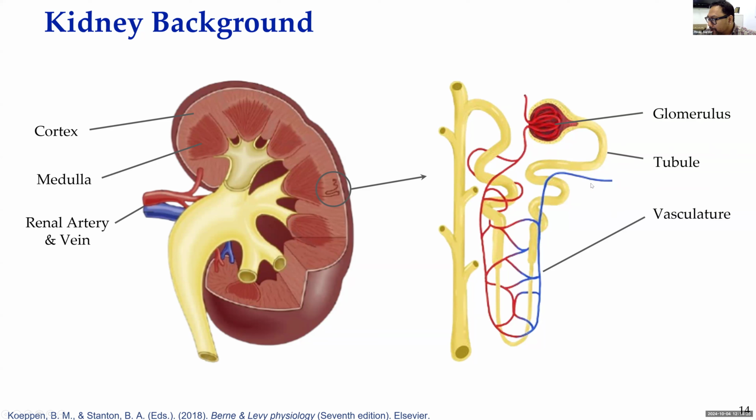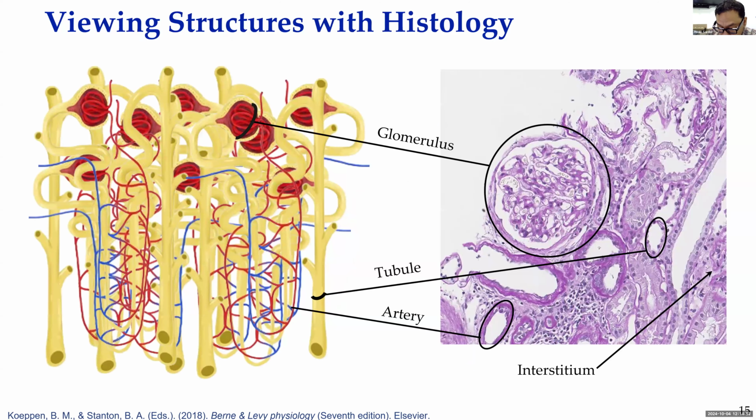It comes out and then goes back to the body after filtration. This thing is called the glomerulus. Then you have the tubule, which carries the waste that gets filtered here and takes a major role in absorption and reabsorption. It goes to the collecting duct, through which the urine gets excreted out of the body, and there are several such tubules.